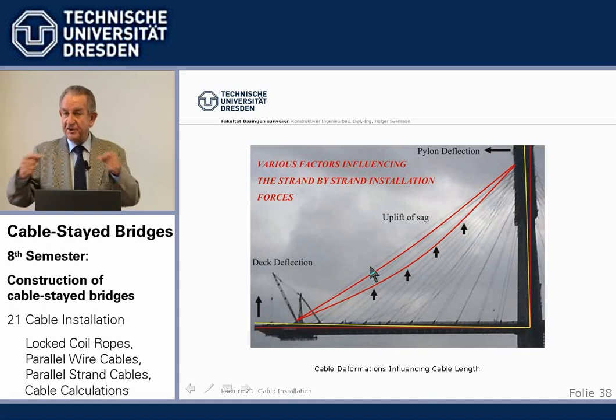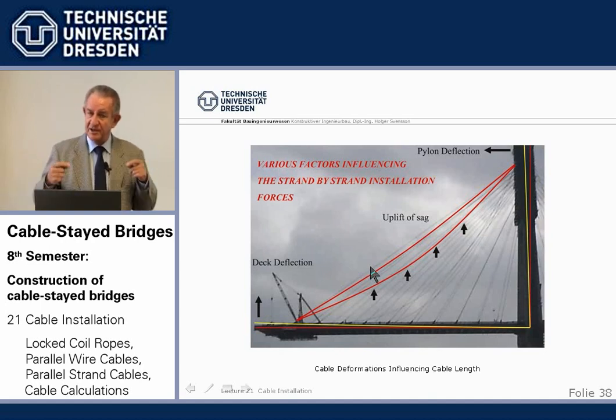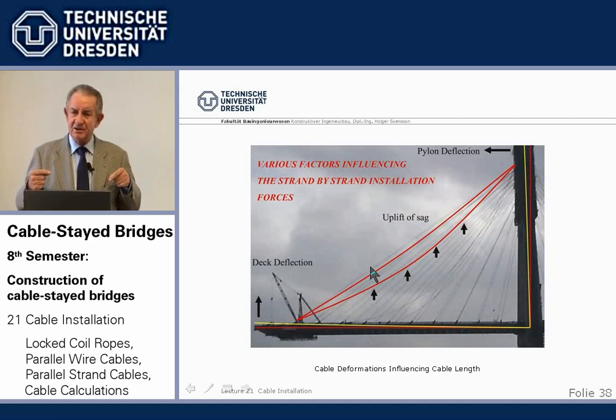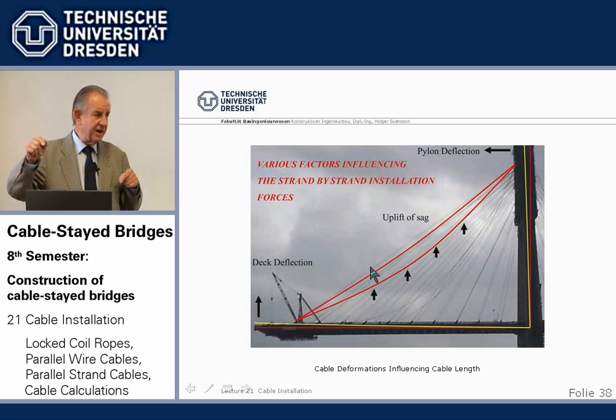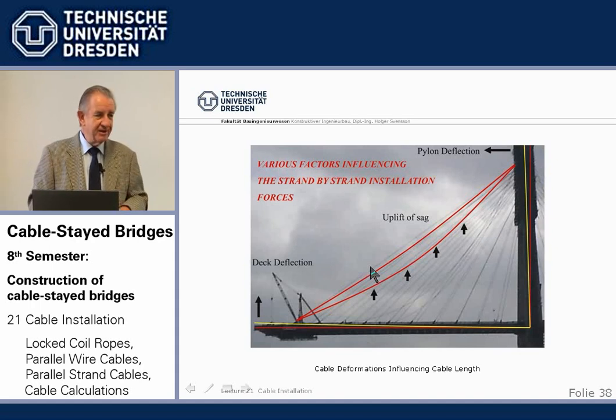So all this, of course, can be calculated and is calculated, but for me, who has done several cable stayed bridges with shop fabricated cables of given lengths, I always felt better with erection by geometry than with erection by force. But it is done, and of course we can later on change the cable length.